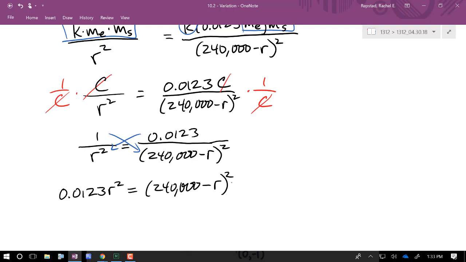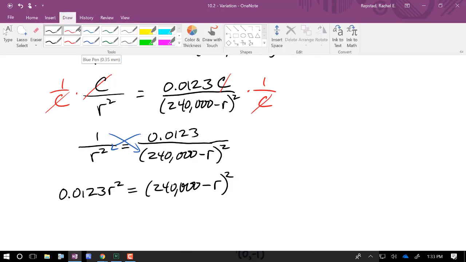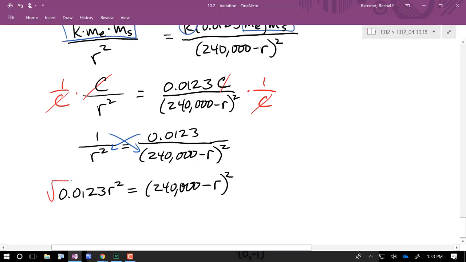You might look at this and have your first instinct be to FOIL out that right side, and that's fine to do, and you'll get the right answer. I think there's an easier next step, though. Can anybody identify another way to go about this? Take the root of both sides, yeah. I mean, we know that r is going to be a positive value that we're looking for. So we can just take the root of both sides.